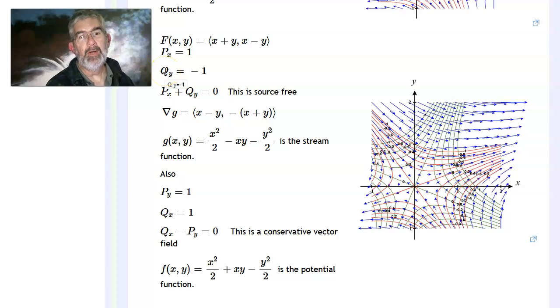Likewise, q would be the partial of little f with respect to y, and so q_y is the second partial with respect to y and y. And when you add p_x plus q_y, you're adding little f_xx plus little f_yy, and I'm ending up with 0. And so we have a harmonic potential function.